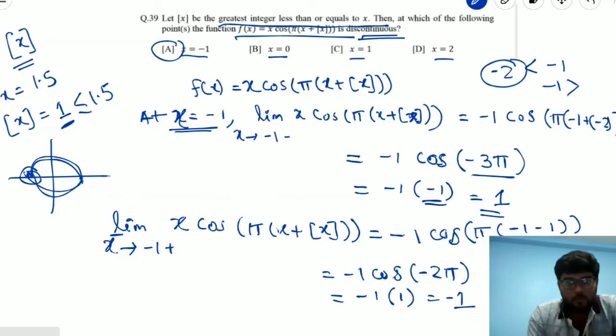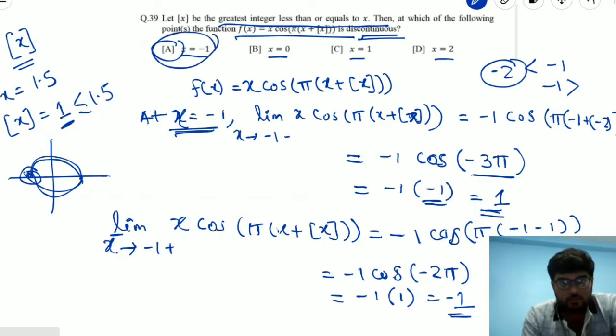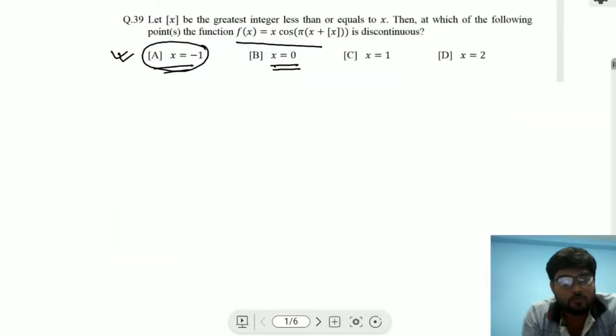So we can see that the left hand limit at this point is not equal to the right hand limit. So at this point the function is discontinuous. This proves it. Now at x equals 0, the left hand limit is x tends to 0 minus.